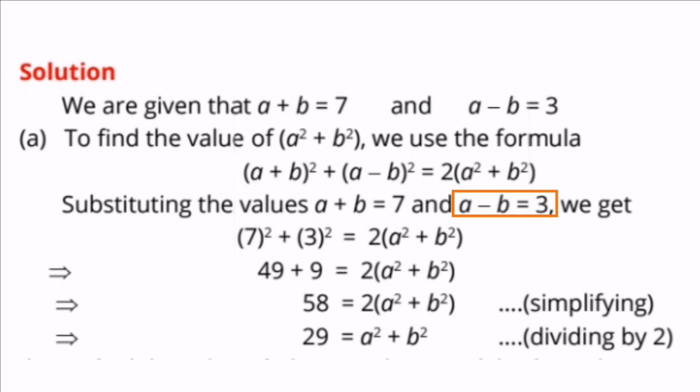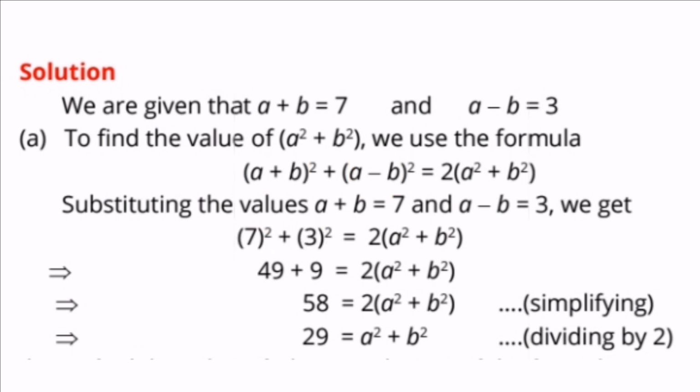We get 7 whole square, replacing a plus b by 7 and a minus b by 3.